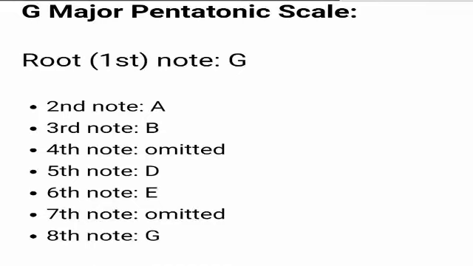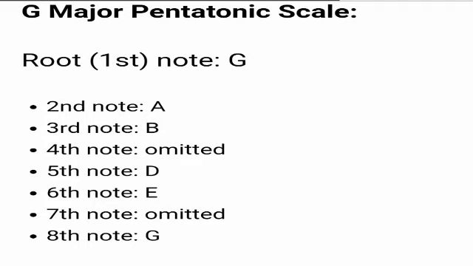So on G major pentatonic, you have G, A, B, no 4th note there, okay? So you have D, E, and G. So you have a 5-note major scale instead of the normal 7.